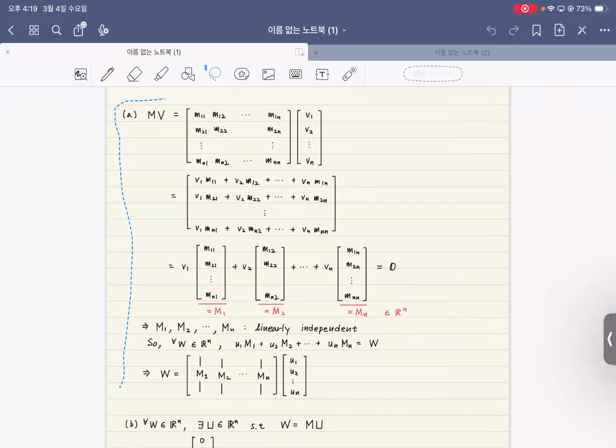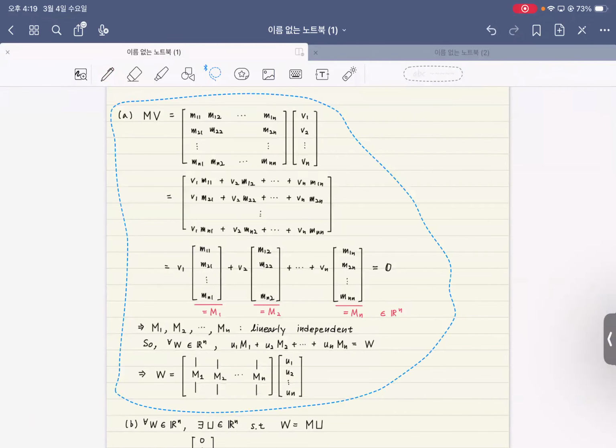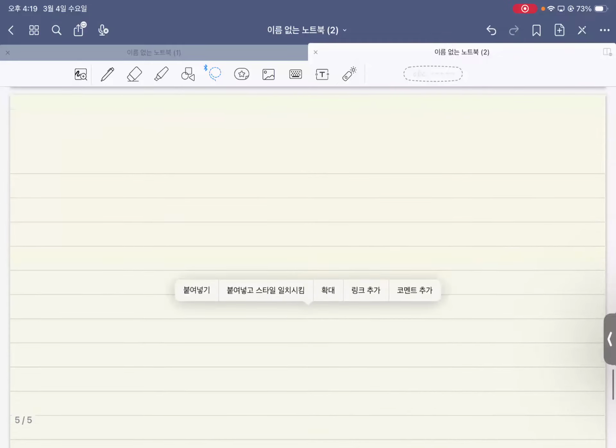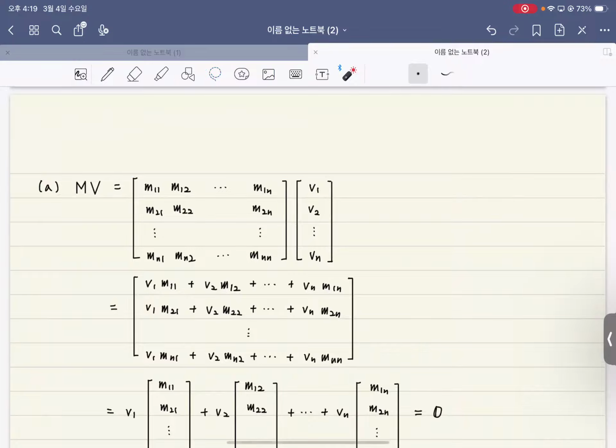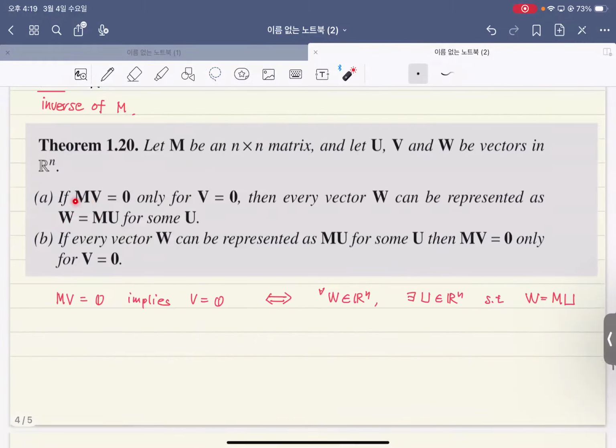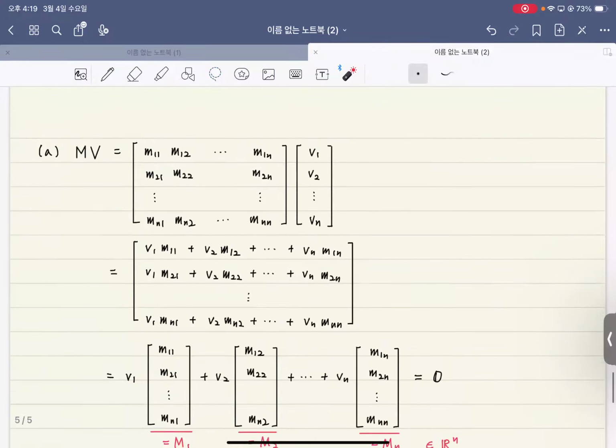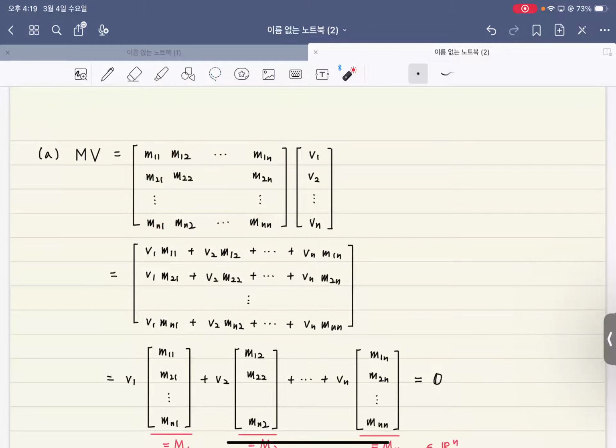All right. So this is the proof for letter A. This hypothesis says that MV equals 0 only for V equals 0. So this is my matrix M, and this is my vector V. This is an n by n matrix, and this is an n by 1 column vector.